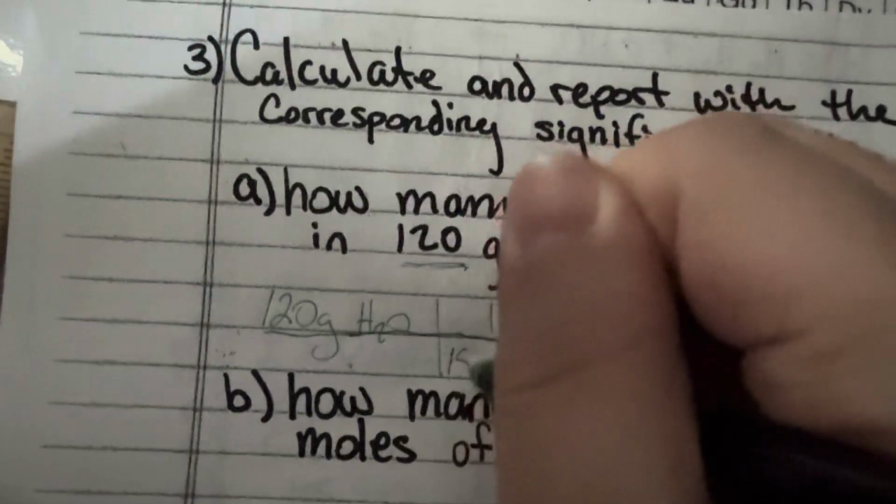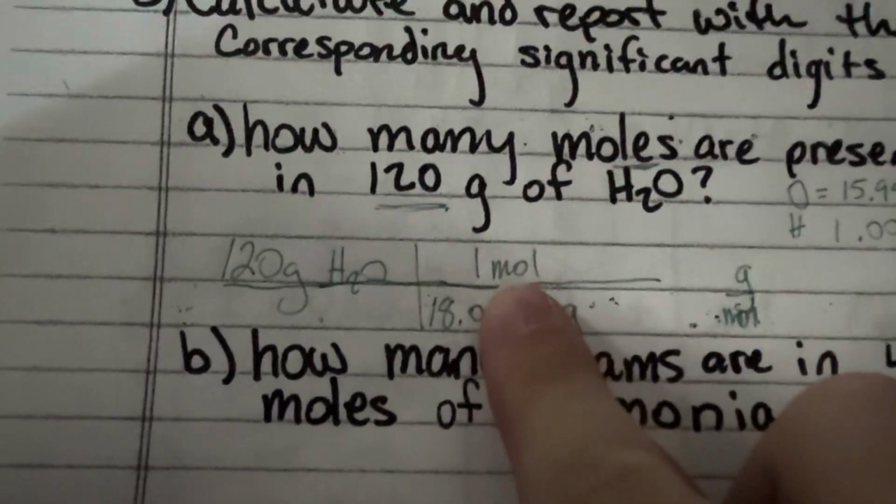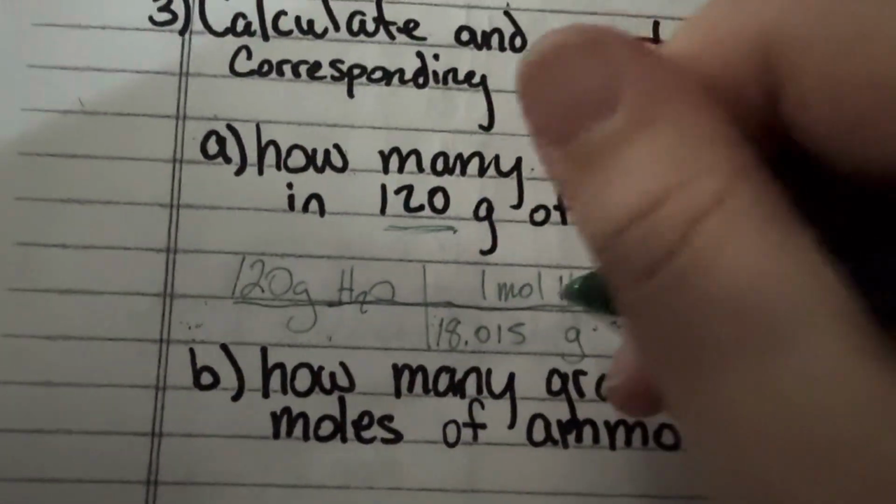All right, so we can plug that in: 18.015 grams for every 1 mole of water.